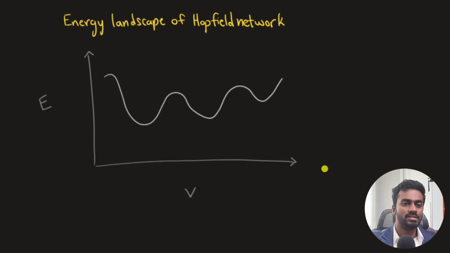So in order to illustrate this energy versus state visually, we can look at the energy landscape of a Hopfield network. Now, this is going to be a lot easier with an example, which we will show later. So in this energy landscape, it's a plot of the free energy on the y-axis that we just discussed, and the state on the x-axis, which is going to be the set of all neuron states at a given snapshot of time.